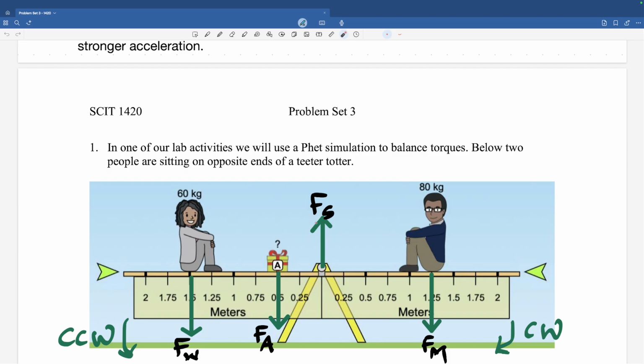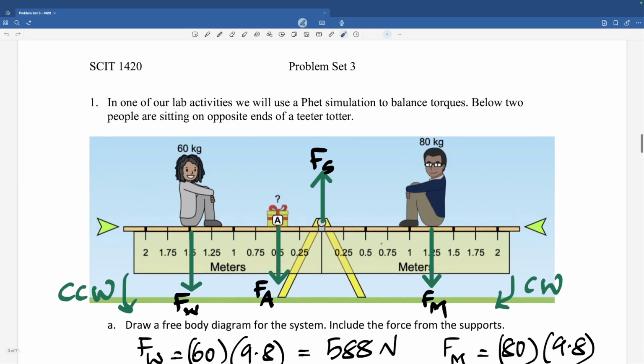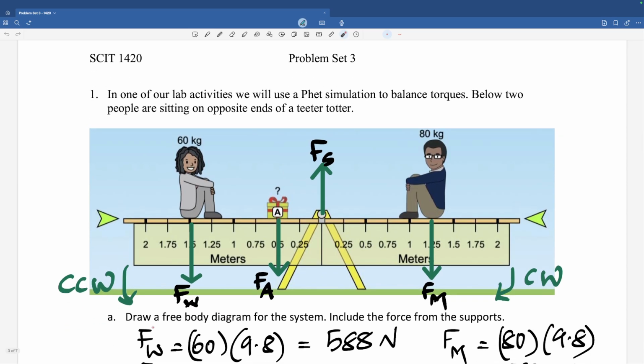So there are four forces. When you draw all these forces acting on an object, that is called the free body diagram. So question number 1 says, draw a free body diagram for the system.